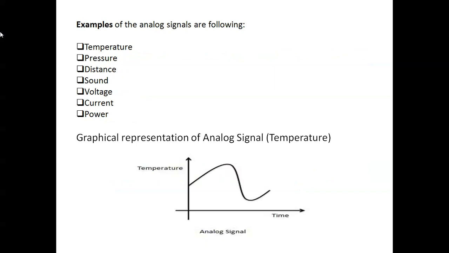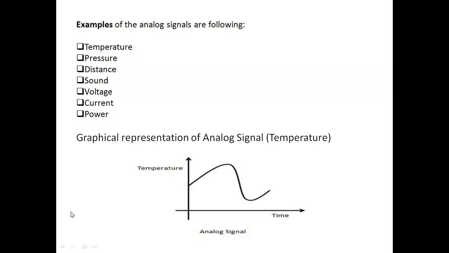Examples of analog signals: temperature, pressure, distance, sound, voltage, current, power. Now the graphical representation of an analog signal. It's a continuous time signal. There is an x-axis and a y-axis. The x-axis is the time period and the y-axis is temperature. Consider the daytime temperature.